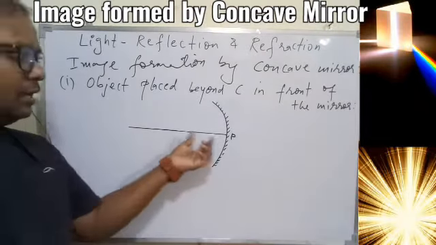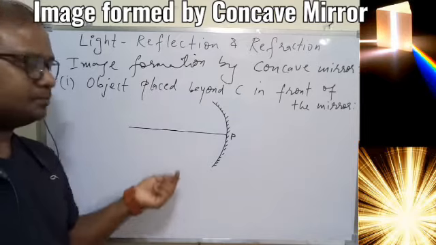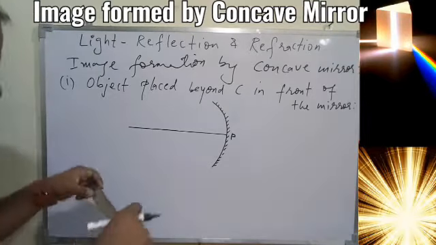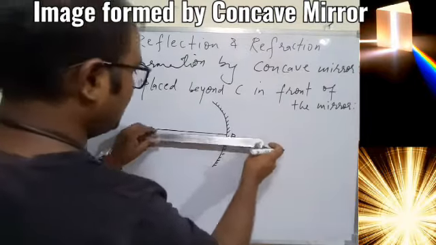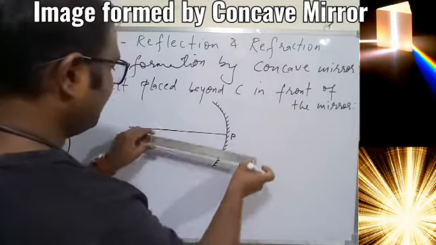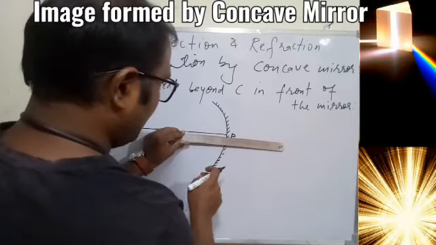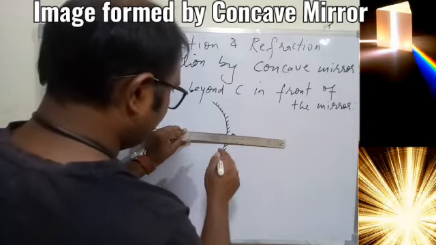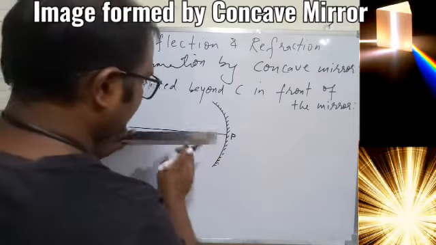Now at equal distances we have to mark the focus and the center of curvature. The distance is up to you, depending on how much space you have in your notebook. Here I am taking a distance of 3 inch.